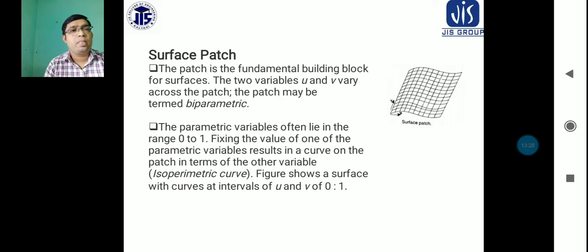The parametric variables u and v often lie in the range 0 to 1. Fixing the value of one of the parametric variables results in a curve on the path, in terms of the other variable. These are the isoparametric curves.